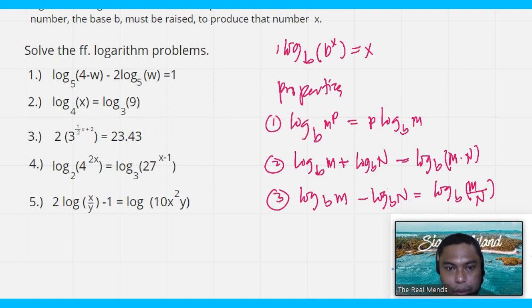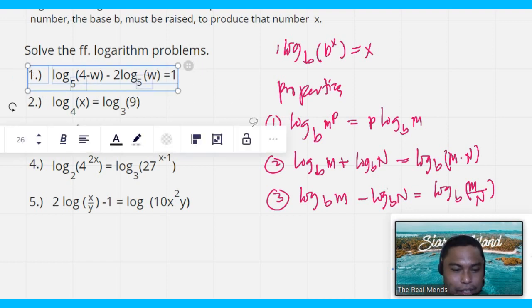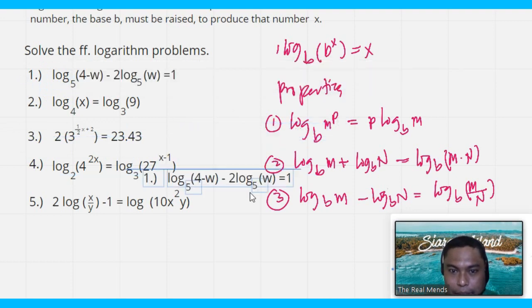Then for number 4, we have log base 2 of 4 to the exponent of 2x is equal to log base 3 of 27 raised to x minus 1. Then we have 2 log of x minus y minus 1 is equal to log 10x squared y. For now, we're going to solve the first problem, and after that, we're going to solve the remaining problems.